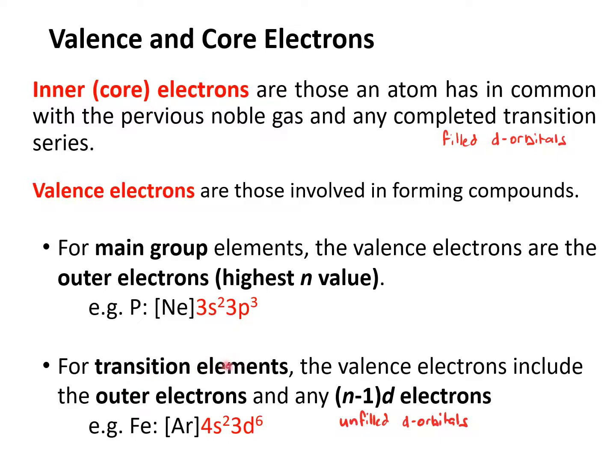For transition elements, the valence electrons include the outer electrons, so the ones with the highest n value, and any n-1 d electrons. So for example, for iron, which has the electron configuration argon 4s2 3d6, it would have 8 valence electrons, 2 valence electrons in the 4s atomic orbital and 6 valence electrons in the 3d atomic orbitals.